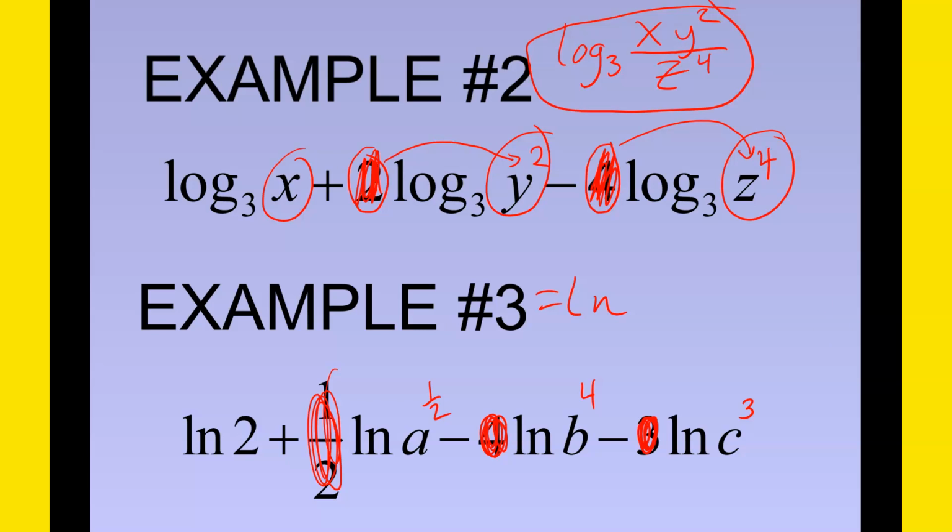So the 2 and the a to the 1/2 are going to go in the numerator. But I'm not going to write a to the 1/2. What am I going to write? A to the 1/2, I'm going to rewrite that as the square root of a. So 2 square root a in the numerator. And I got b to the 4th, c to the 3rd in the denominator. And that's my answer.